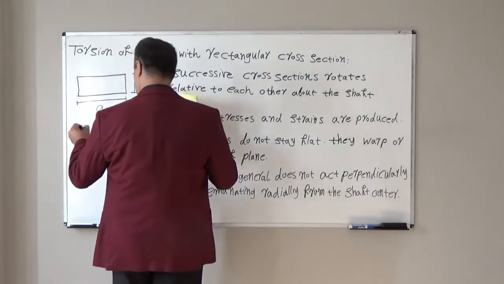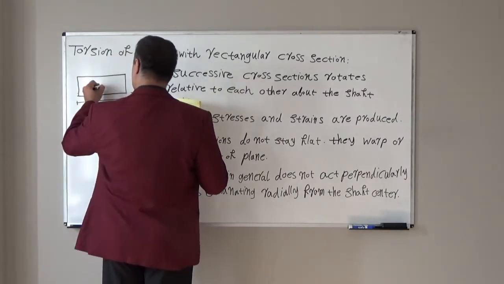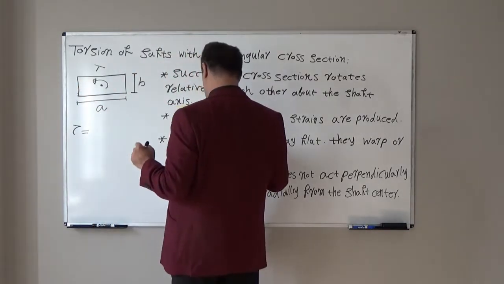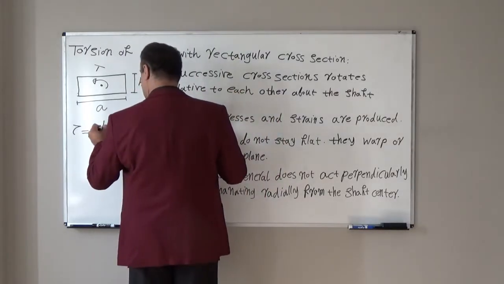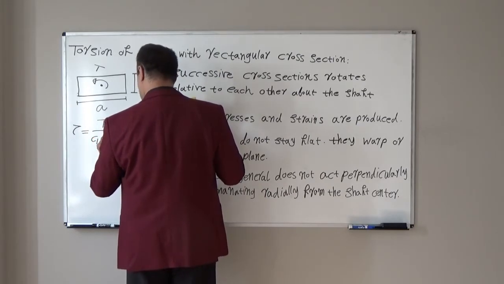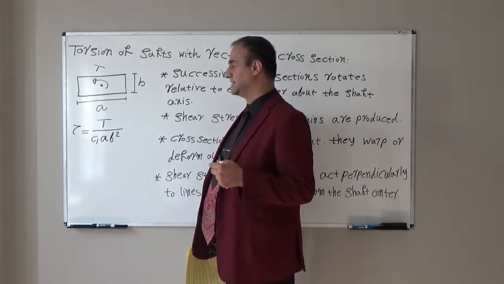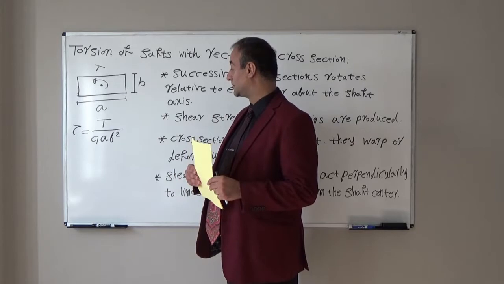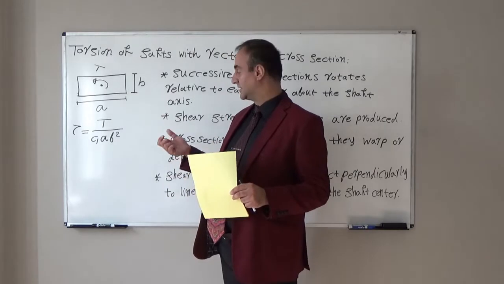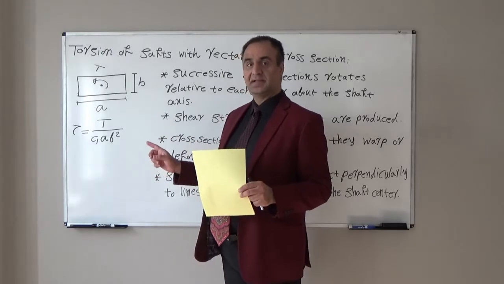Here, in order to find shear stress, if we apply torque in the centroid of the cross section, tau will be T over C1 A B squared. T is torque, we are applying external torque, and internal torque will be equal, of course, if one end, for example, is fixed. A is the long side of the rectangle, B is the short side of the rectangle, C1 is a coefficient. I will tell you what those coefficients are.